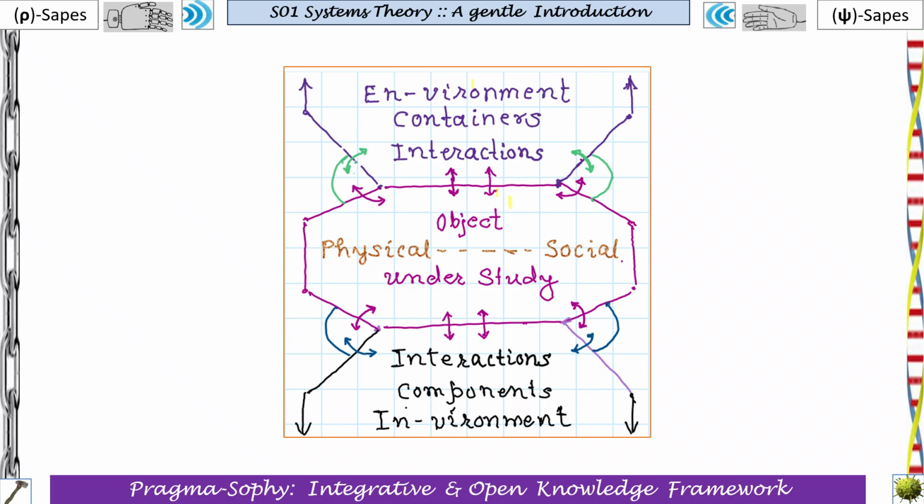A particularly important concept in systems theory is feedback. Feedback happens when outputs of a system loop back and influence its future behavior. Consider a thermostat regulating room temperature. If the room becomes too cold, the thermostat signals the heating element to turn on. When the desired temperature is reached, the thermostat turns the heater off.